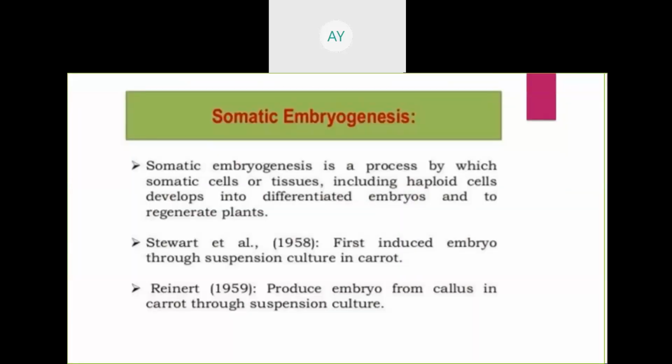You will find this is Steward and Reinert. So try to remember some names of the scientists, it can be asked in CBSE. So these are the advantages of organogenesis and somatic embryogenesis.